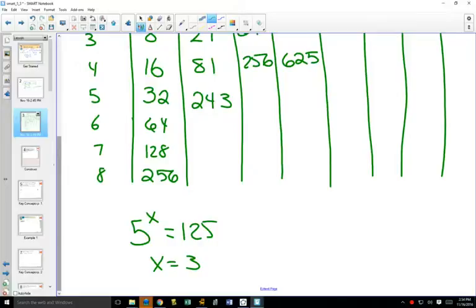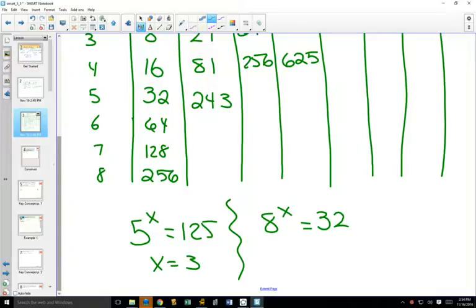The ones that are medium are going to be ones that are on your chart, but it might look something like this. 8 to the x is equal to 32. Well, 32 isn't in your chart of 8s. So then we have to look, is there a way to write 8 and 32 with the same base?